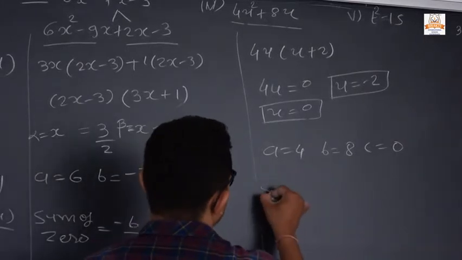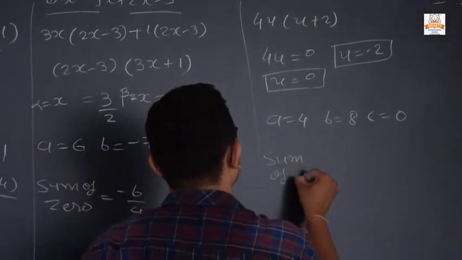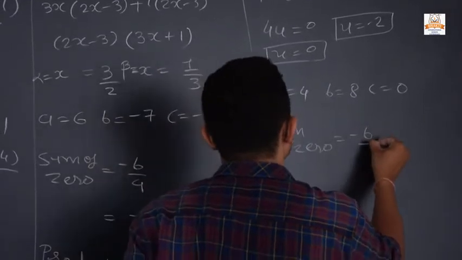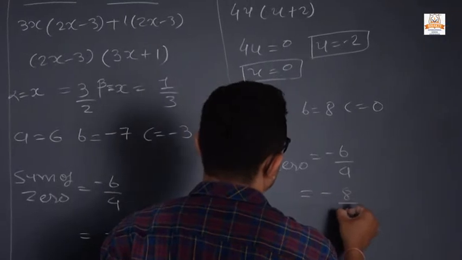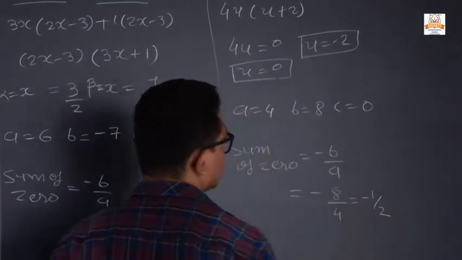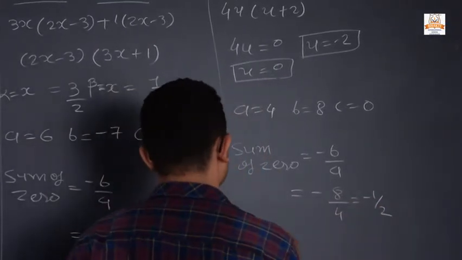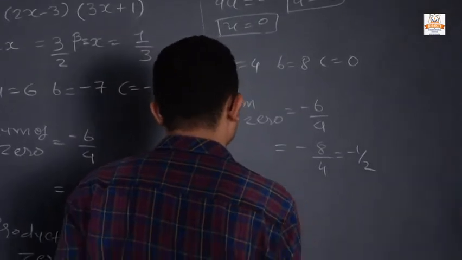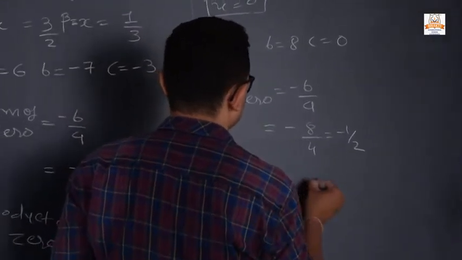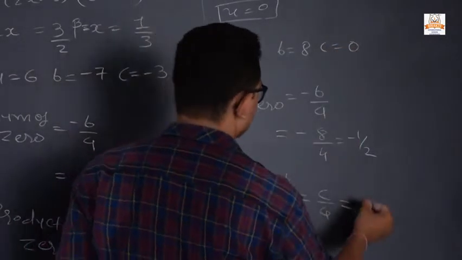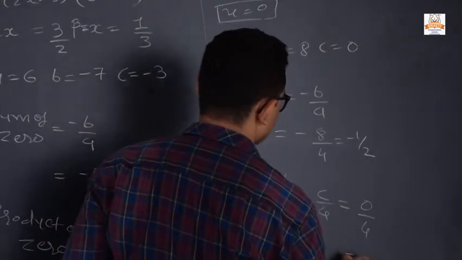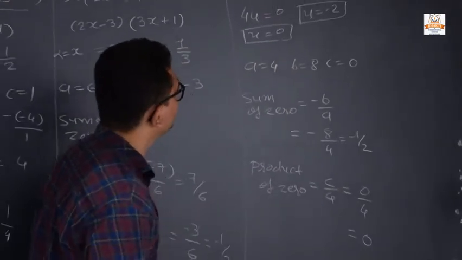Next, sum of zeros is equal to minus B by A. Minus, what is the value of B? 8 upon 4, so minus 1 by 2. Second, product of zeros means C by A. What is the value of C? 0 upon 4, so the answer will be 0.